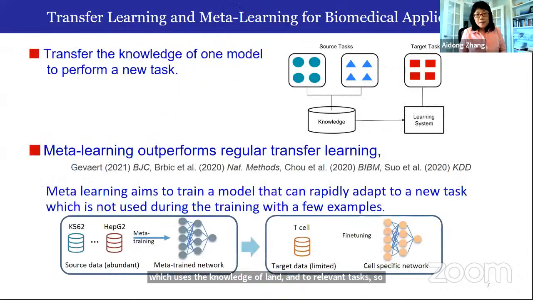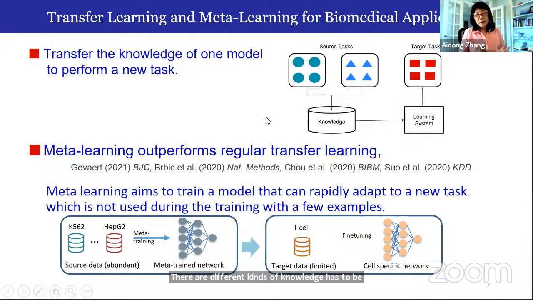I'd like to mention the two famous approaches. The first is the original transfer learning, where there are different kinds of knowledge to be transferred.